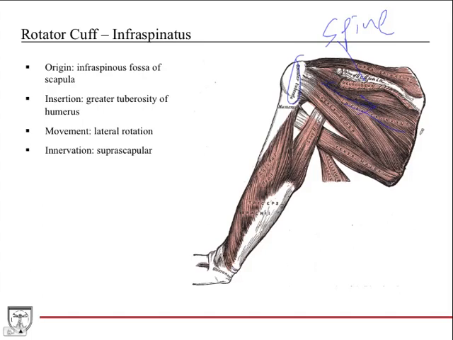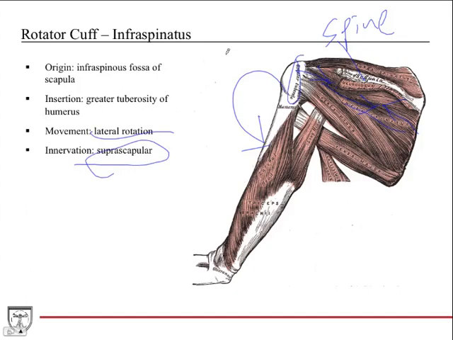It contracts, it's going to shorten. When it contracts and shortens, it pulls. Which way is it going to pull? It's going to pull this way, which is going to laterally rotate the humerus, okay? So it laterally rotates it, pulls it out like this. If you go on a skeleton model, you can put a piece of tape there and pull on it, and you can see the motion in action, okay?